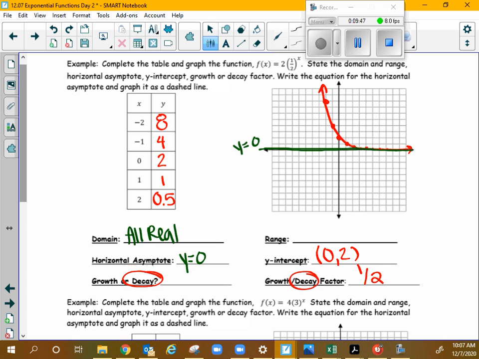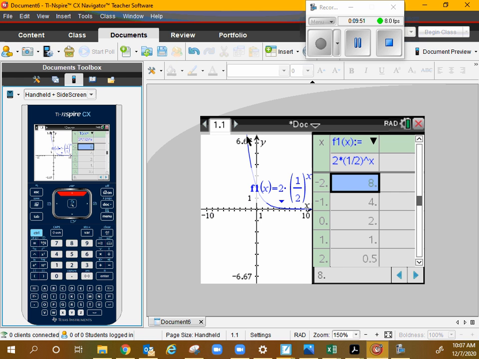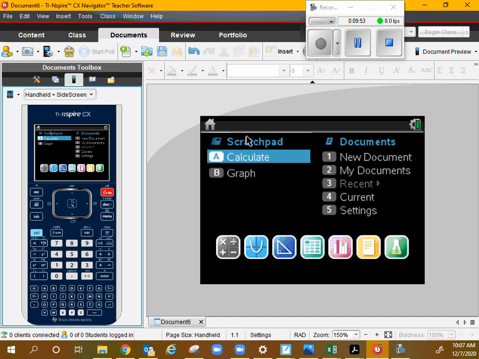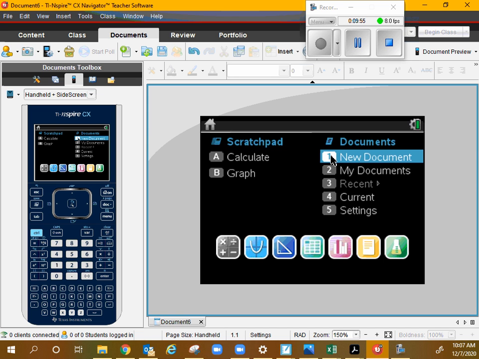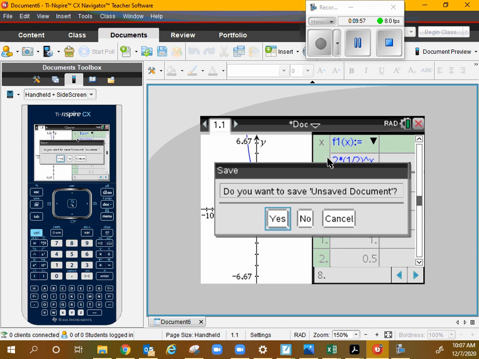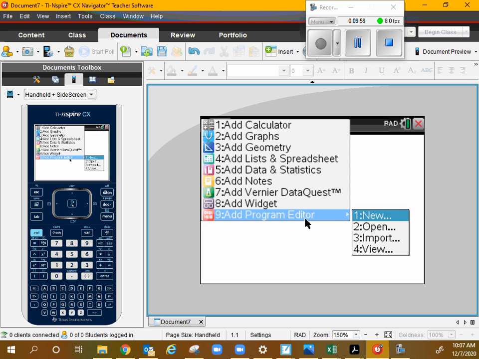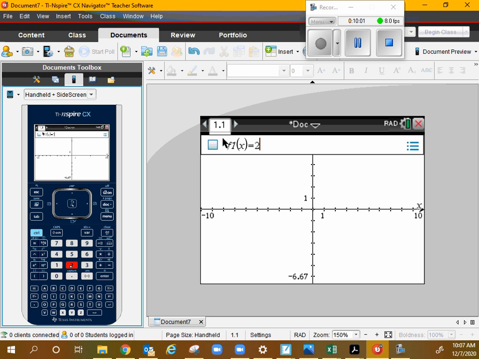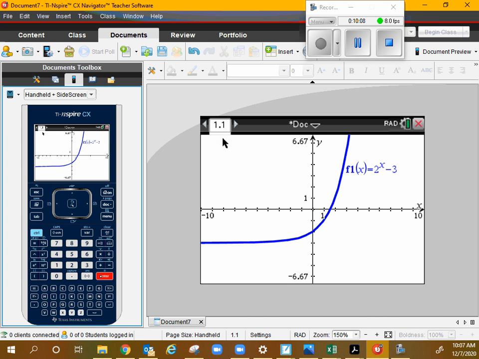If my curve was down below, so let's say that 2 to the power of x minus 3. Then what would it be? Negative 3.